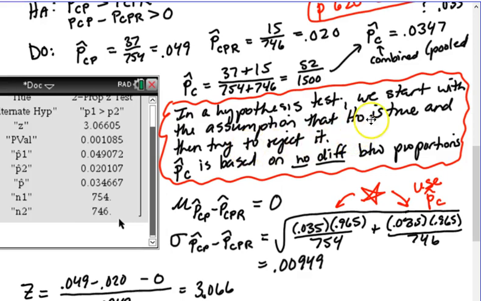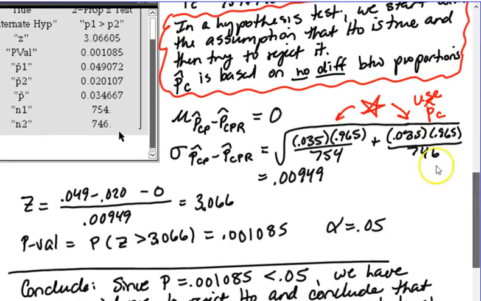So if we assume that the null hypothesis is true and there's no difference in the survival rates for the cardiopump versus the CPR treatments, then we can combine them together into one sample and just use the total number of survivors over the total sample size, and that's going to be our null hypothesis value that we're going to use to find the standard deviation for our model in the statistics test. So p-hat combined or p-hat pooled is based on a no difference between proportions hypothesis.